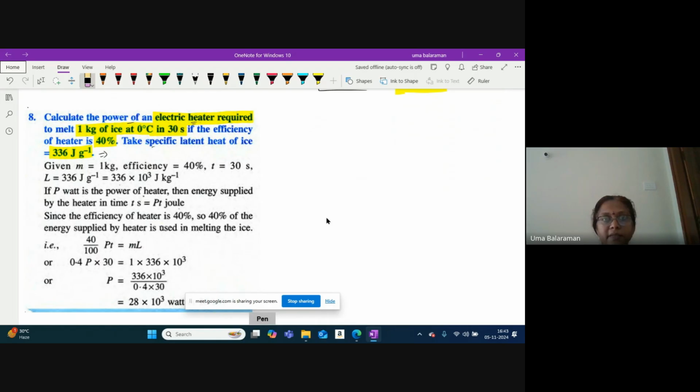So mass of the ice is 1000 grams, and the ice is at 0 degrees Celsius. Time is 30 seconds. So what is the heat energy required to melt it? M into L. M is 1000, L is 336. So this is 336,000.